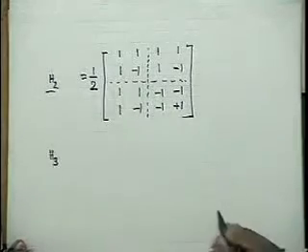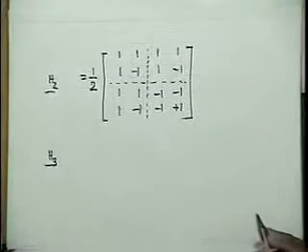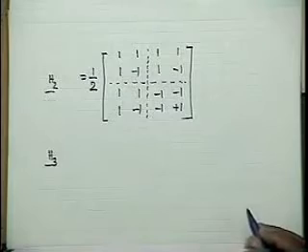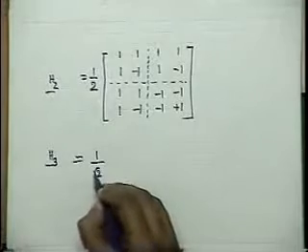If I want to compose the Hadamard matrix of third order, that means an 8 by 8 matrix, can you tell me what will be the composition of this matrix? First comes the normalizing factor, 1 by root 2 cube.